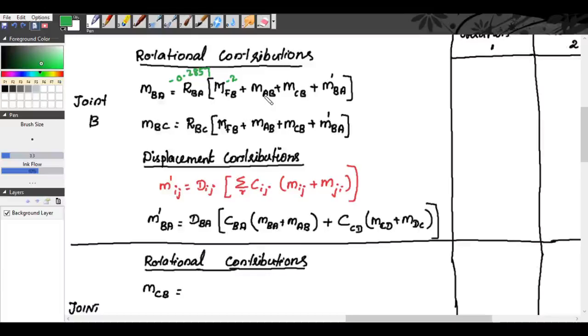Initially, the rotational contributions can be taken as 0 for the first iteration. Because we don't know what is MAB and MCB, so that can be considered as 0. We don't know what is M dash of BA also, so that also can be taken as 0. So these values change for every step.